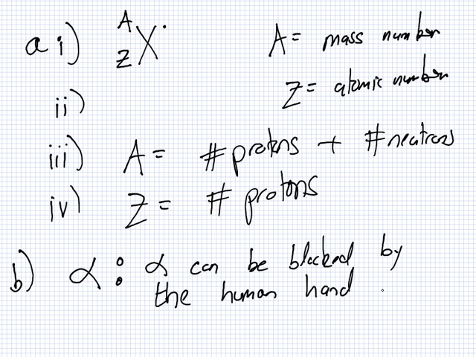It can be blocked by the human hand and has a range of, pick a number. 1 kilo. You measure distance in kilometers? True, but it's not going to be that big. 1 meter. Yes. Because you just said it's weak, so it doesn't travel far.